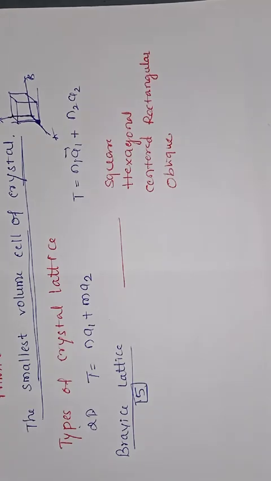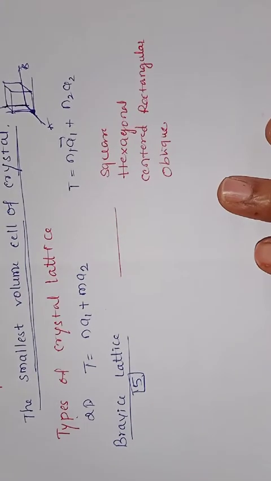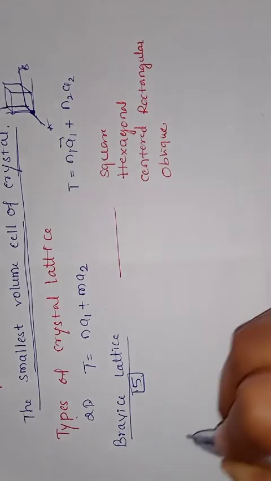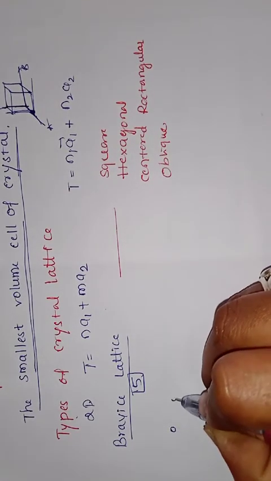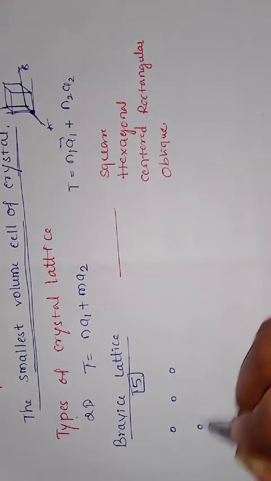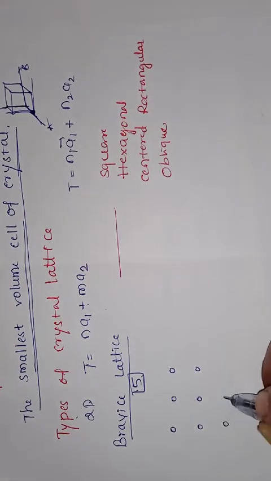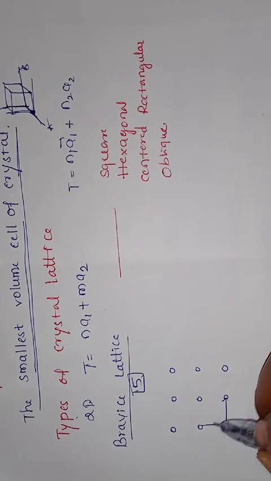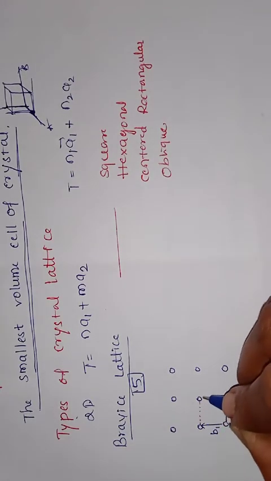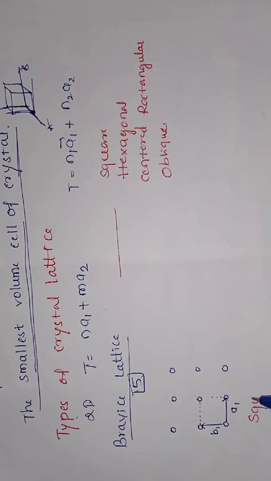Let's see now. The first one is square. These are the lattice points. We know these are the translational vectors A1, B1. This is the square Bravais lattice, the first type.